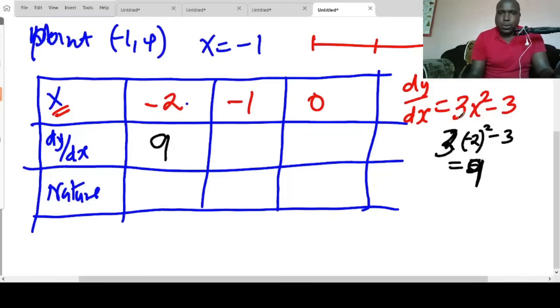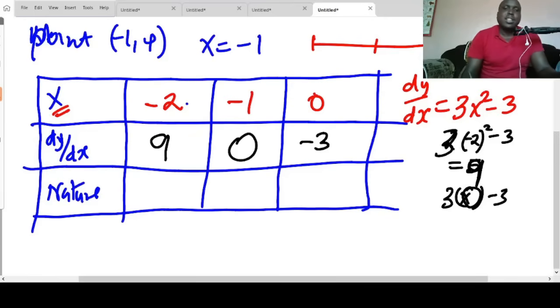If you substitute with -1 here, the answer is going to be 0. Here the answer will always be 0. And if we put 0 here, the answer is going to be -3. So you substitute 0: 3x, which is 0, minus 3. That is the answer. So now the nature. How are you going to do the nature? This is positive. So if positive, you go up.